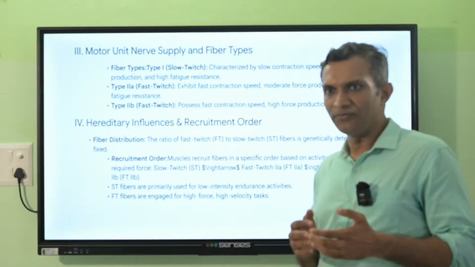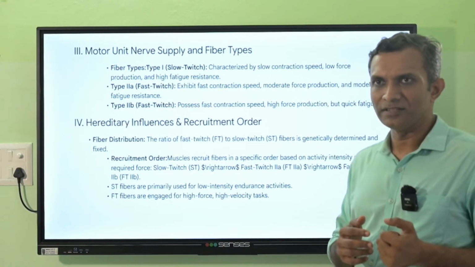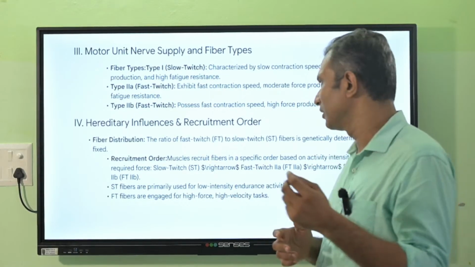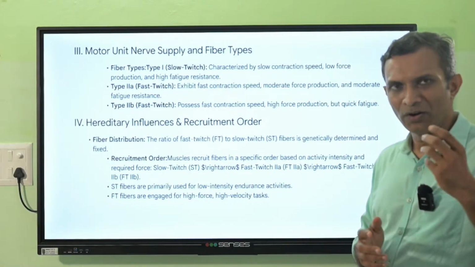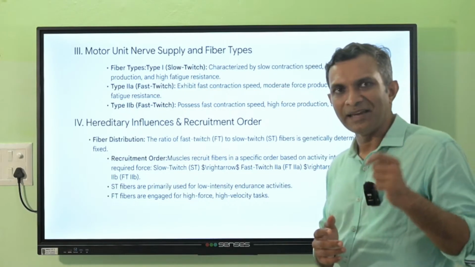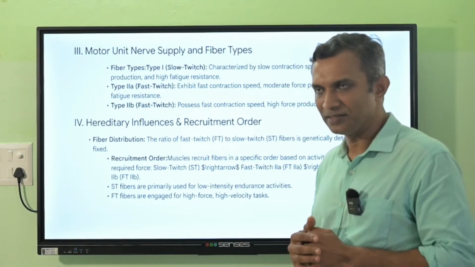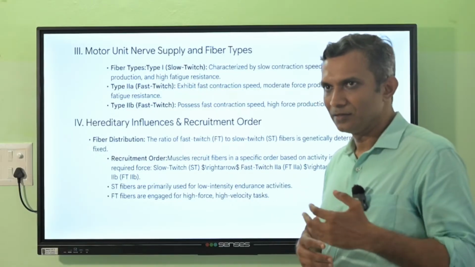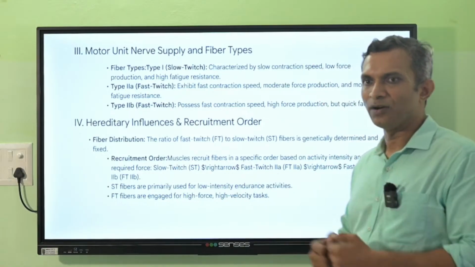For example, for a low load, the lower motor units or fibers get activated first. For a low load, the type 1 fibers are predominant, which are fatigue resistant with low force contracting capacity. As the load increases, the type 2A and type 2B fibers are added onto the pool.